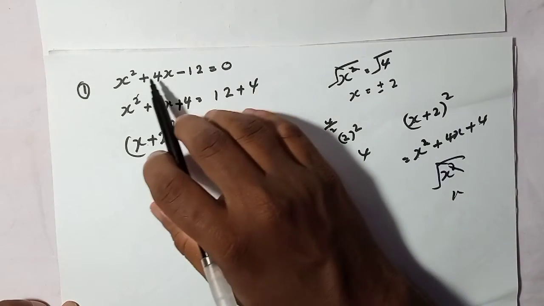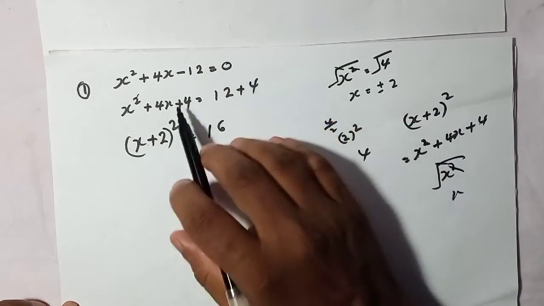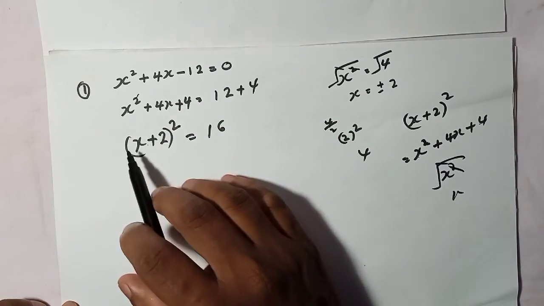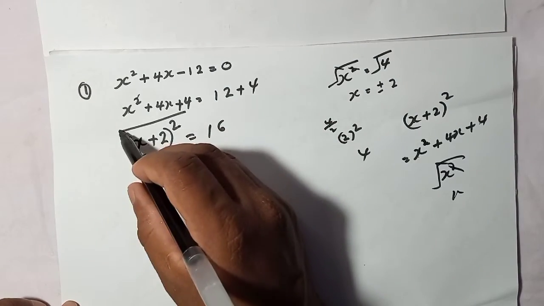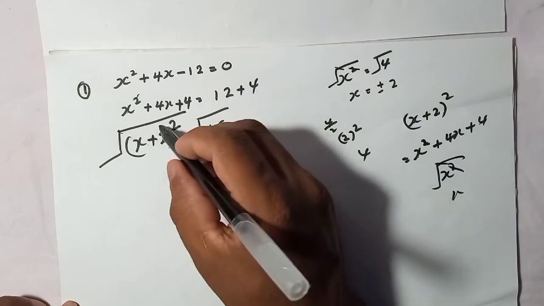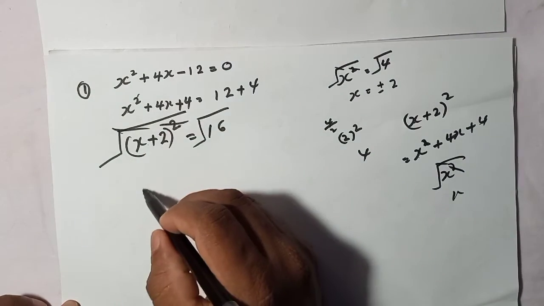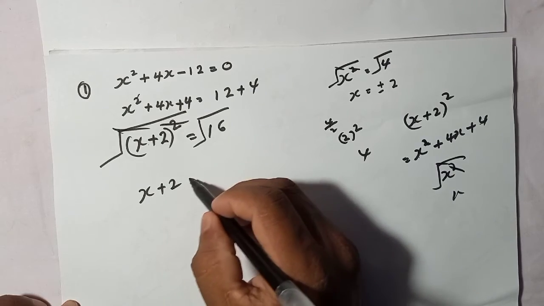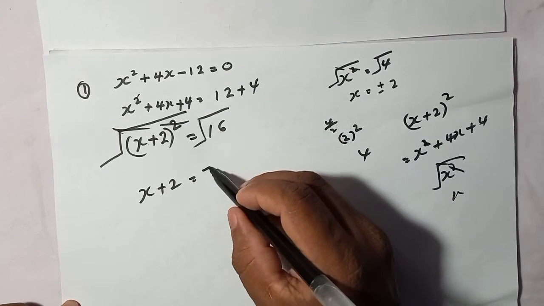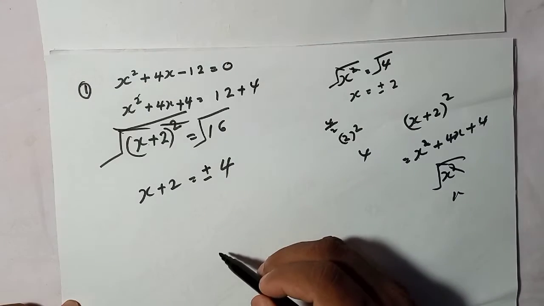In this equation we brought only the 12 here and added the same number to this side, and this side I make as a square. Then I can put the square root on this side and this side. Here the square and square root cancel, so here will be just x plus 2. And here, the square root of 16 means plus or minus 4.